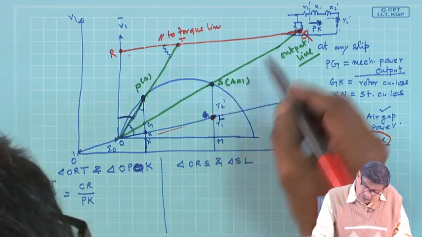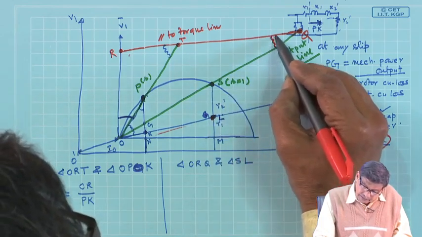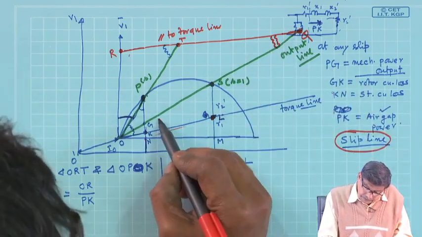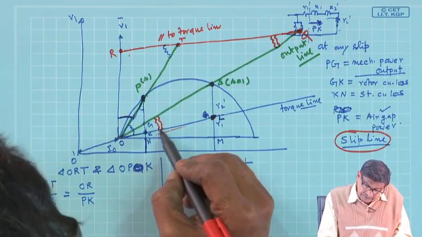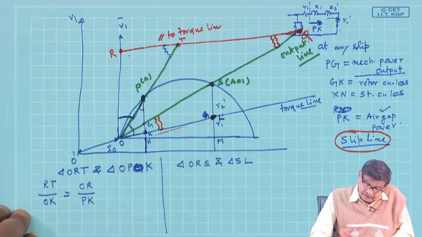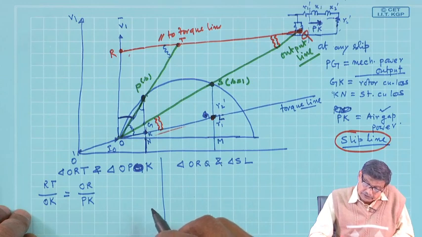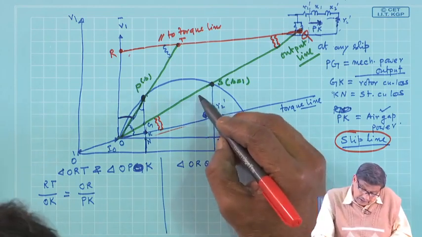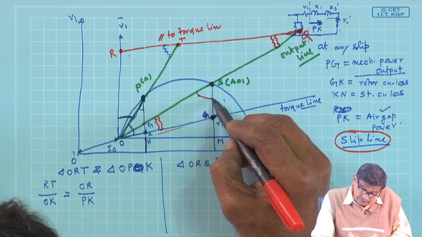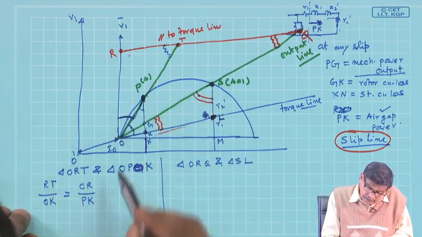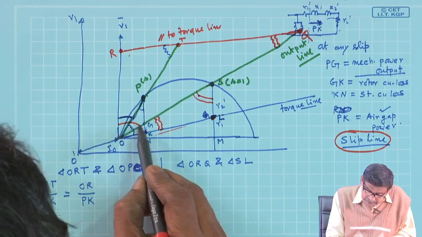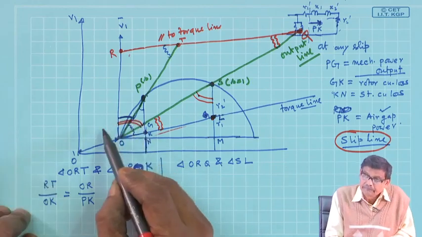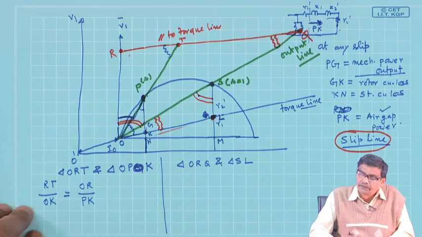So, this angle is equal to this angle, and also this angle will be equal to this angle. This and the third angle will be equal.